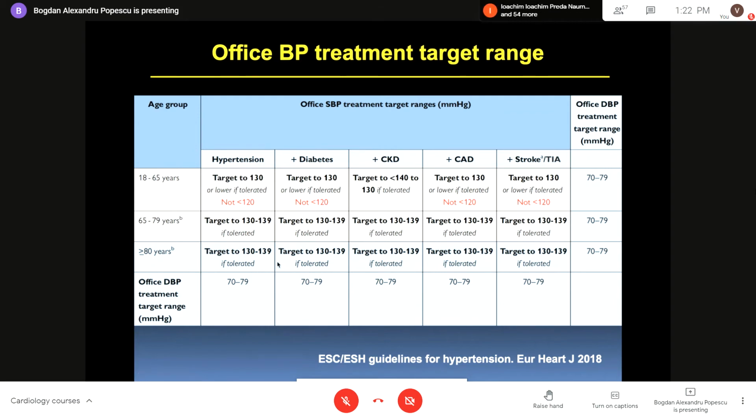They may also be more symptomatic if you reduce it too much. So something around 130 to 139, if it is well tolerated in your individual patient, that is the range you look for. Okay? And diastolic blood pressure, you would like to have it in the normal range, but again, not extremely low, 70 to 80.